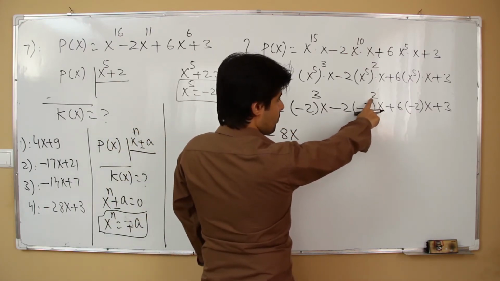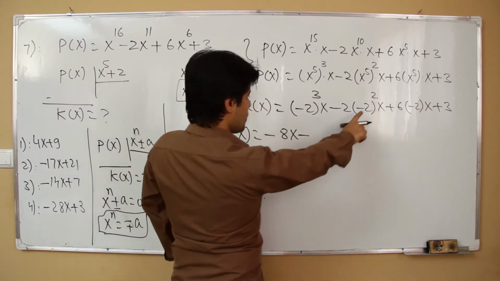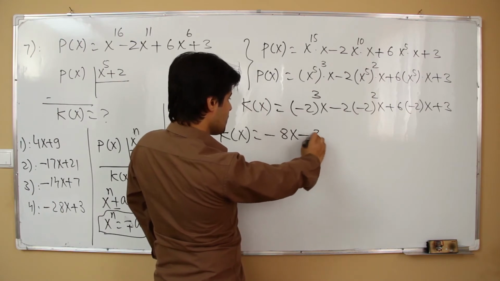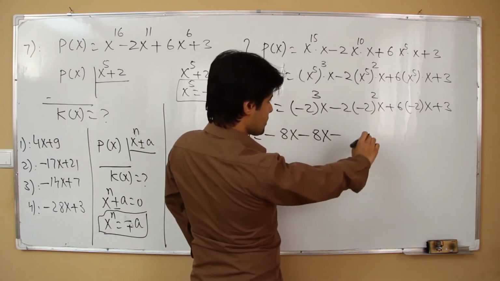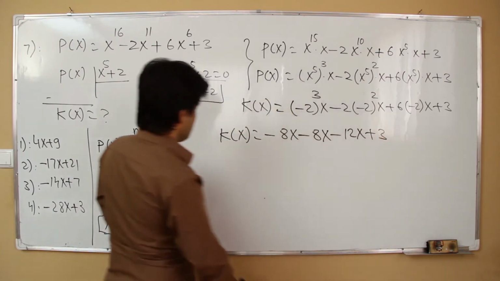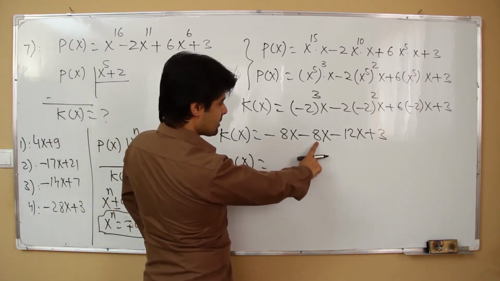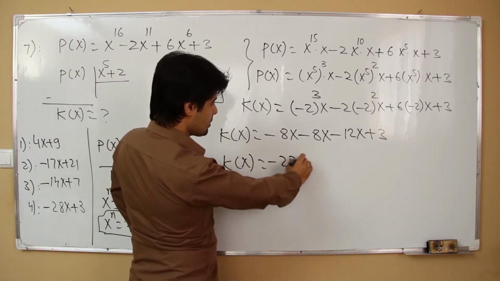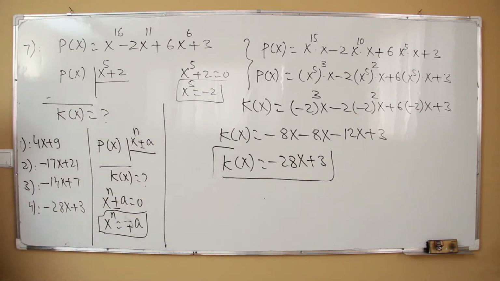Minus raised to an even power is plus, so minus 2 to the power 2 is 4, times 2 is 8x, plus. With this minus, minus 6 times 2 is 12x plus 3. Now Kx is minus 8 minus 8 is minus 16, minus 16 with the minus 12, I think it's minus 28x plus 3. Which option is correct? Number 4.